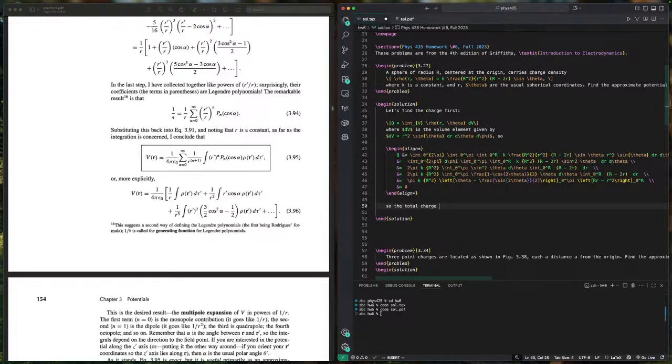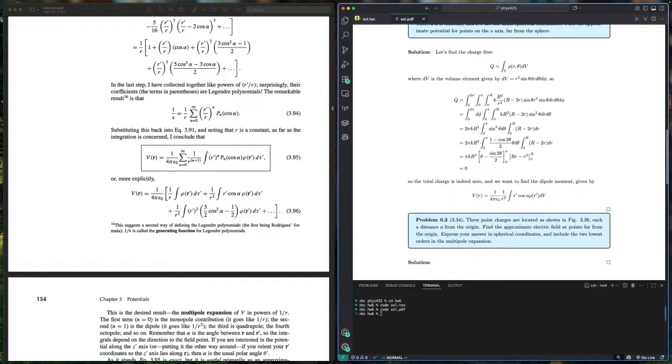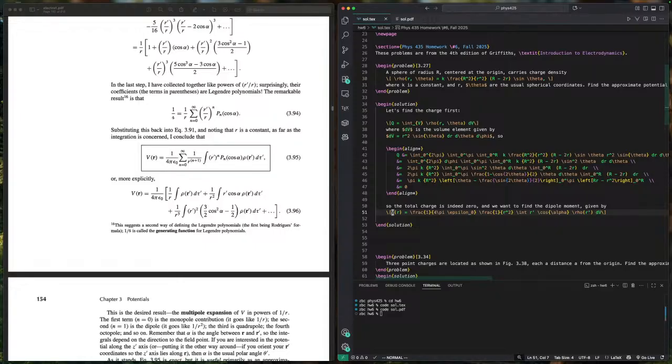So the total charge is indeed 0, and we want to find dV. We can do like an approximate.